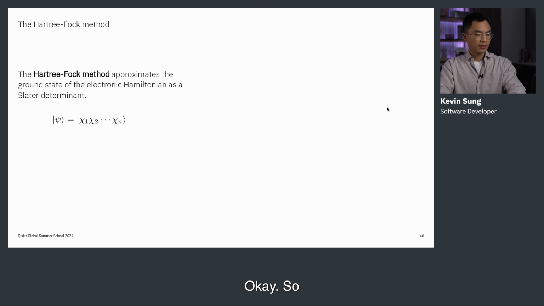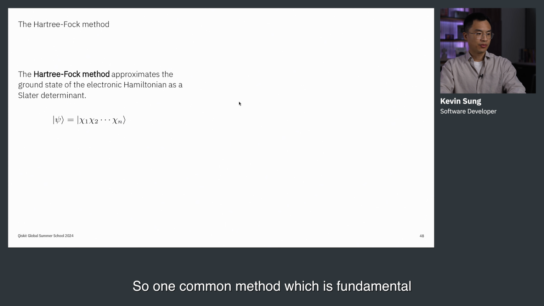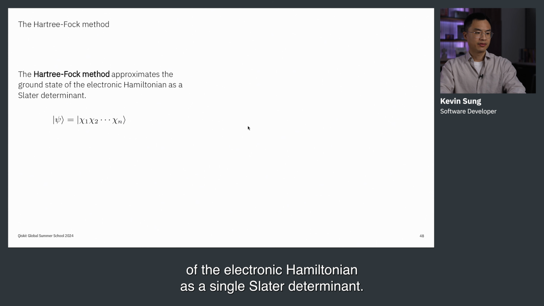Okay, so how do we actually get these spin orbitals in practice? One common method, which is fundamental to quantum chemistry in practice, is called the Hartree-Fock method. The Hartree-Fock method can be seen as a way of approximating the ground state of the electronic Hamiltonian as a single Slater determinant.